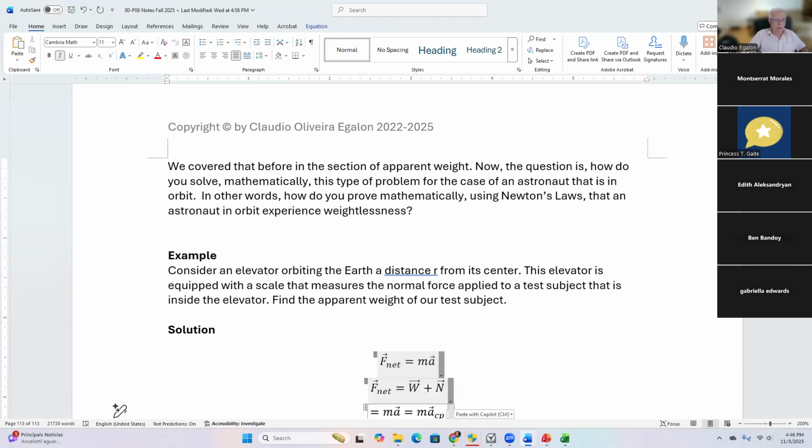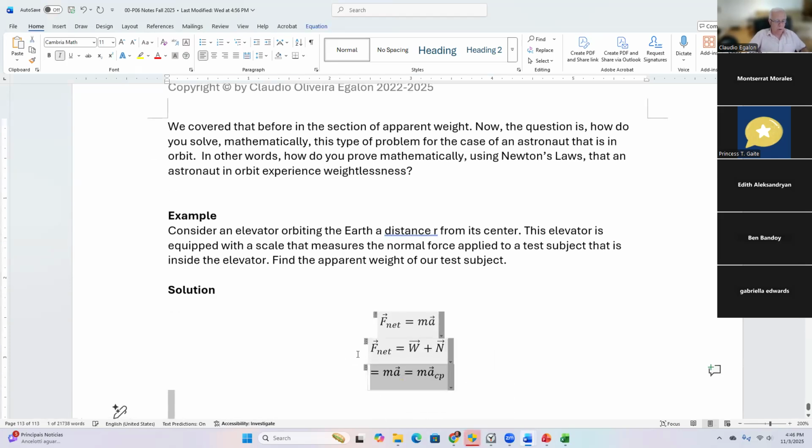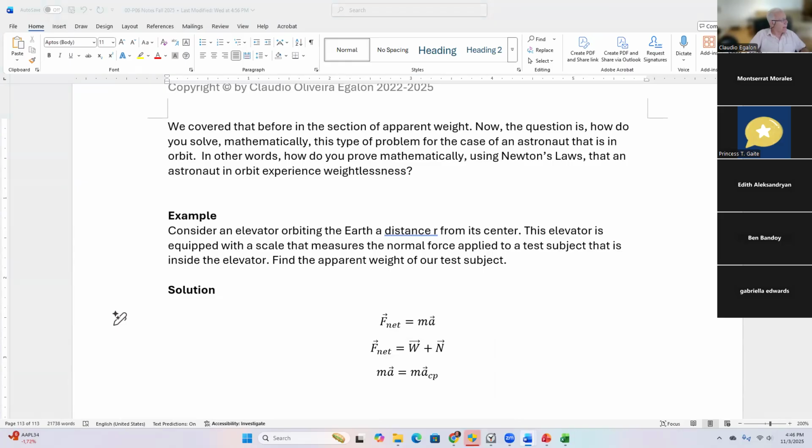And because the object is undergoing uniform circular motion, the acceleration that we have is going to be the centripetal acceleration. Okay? And both the weight and the normal are in the radial direction.